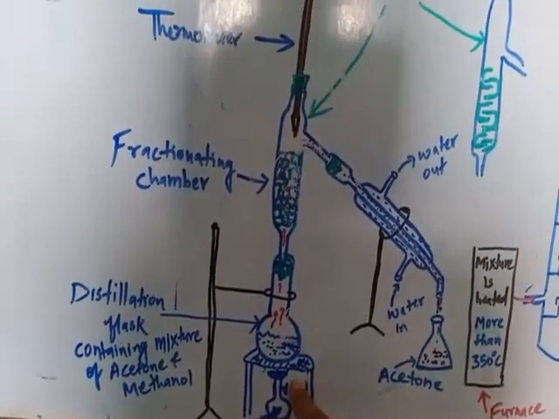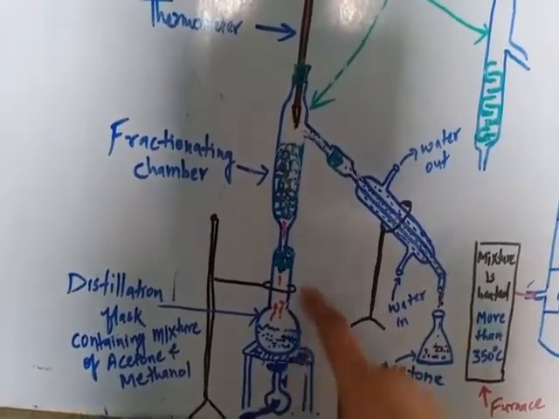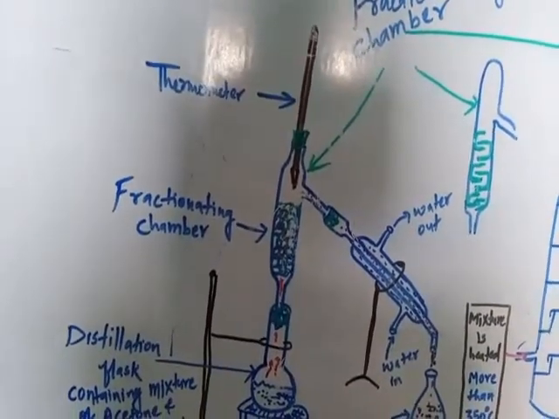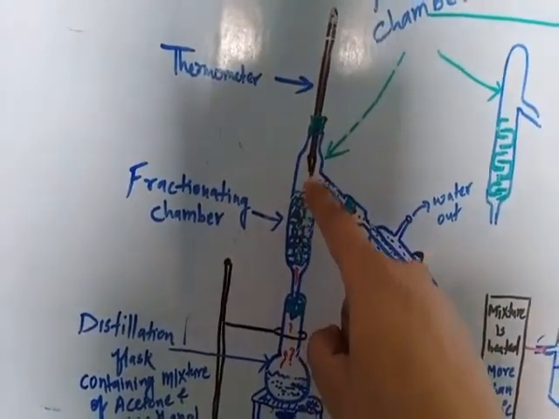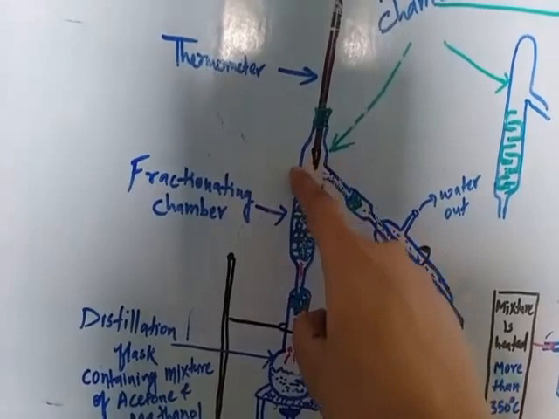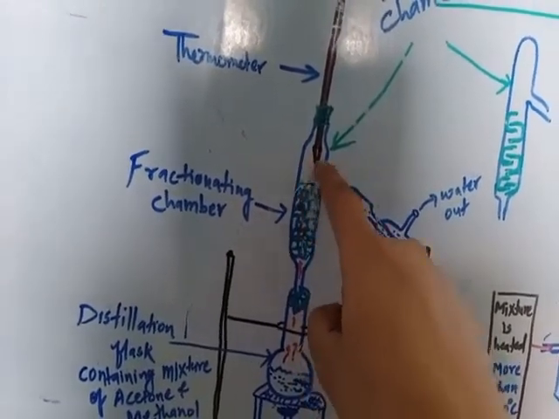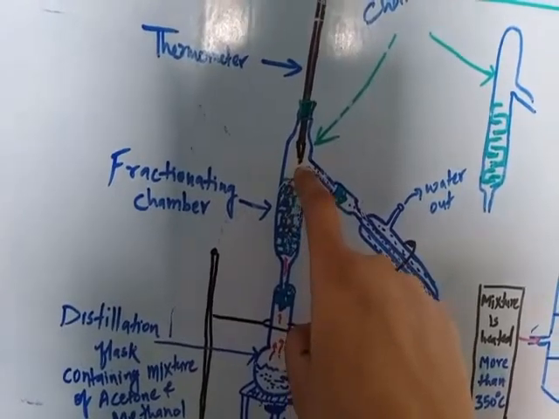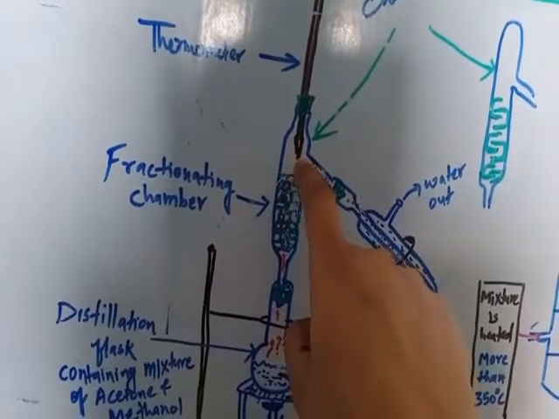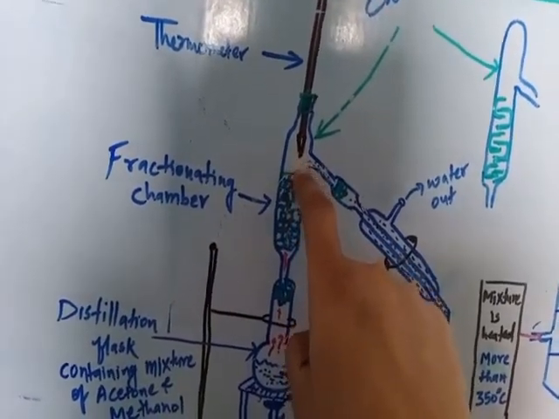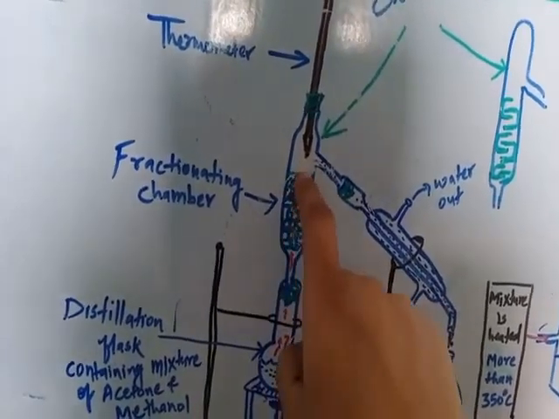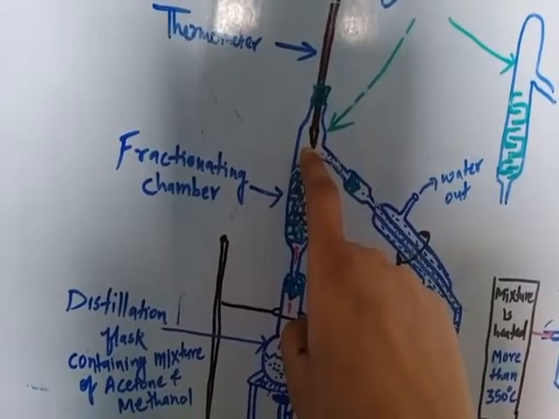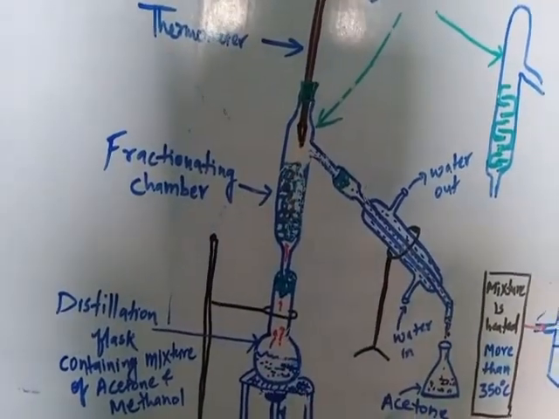when we start heating the system, we should be very careful that we maintain the temperature here, at this place near the outlet of the fractionating chamber, at 56 degrees Celsius, which is the boiling point of acetone, so that all the acetone liquid rises here as a vapor.